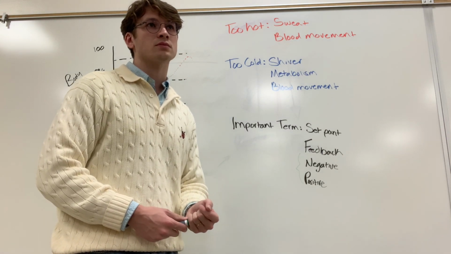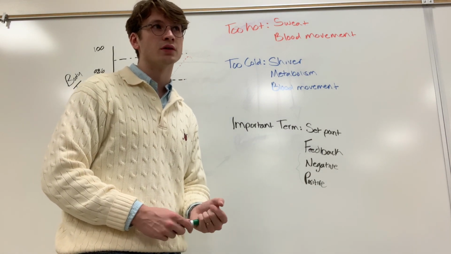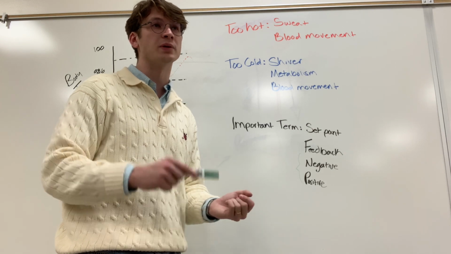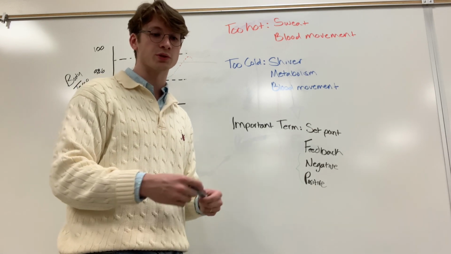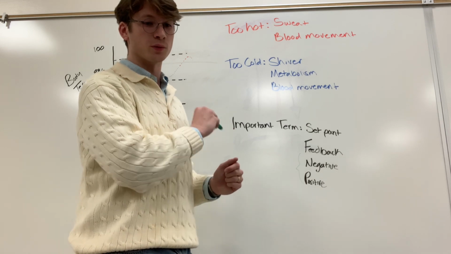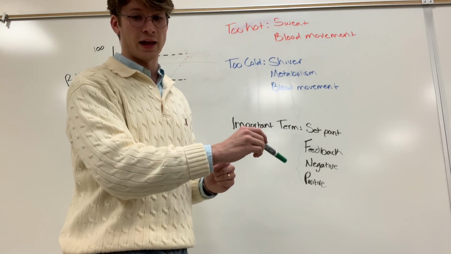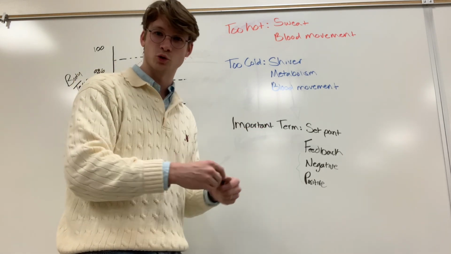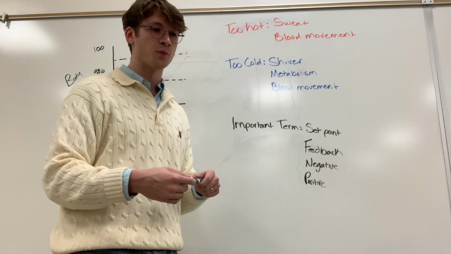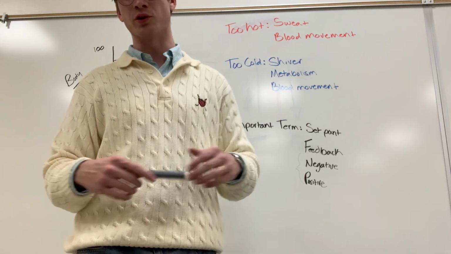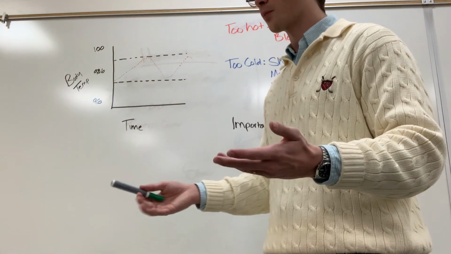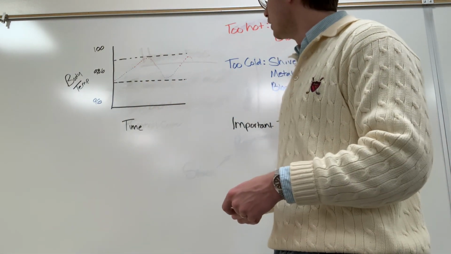So that's going to be happening constantly. And that's what this loop refers to, that pathway from stimulus to effector and back again. And that's why it's called a loop, because we're going to repeat and repeat until homeostasis or equilibrium is gained again.